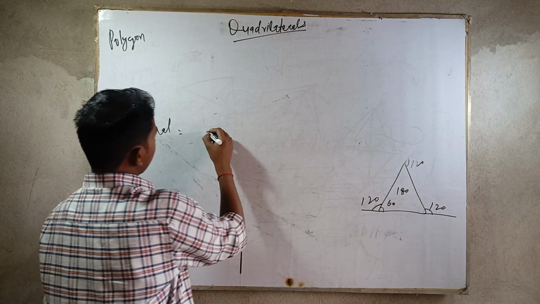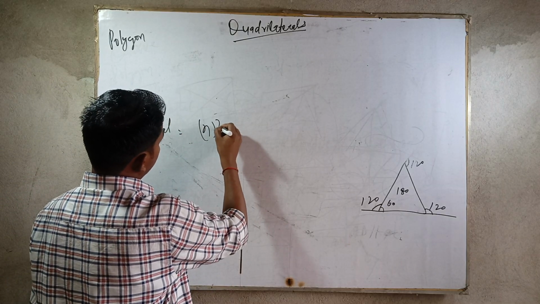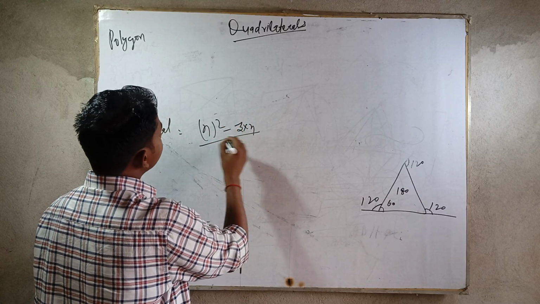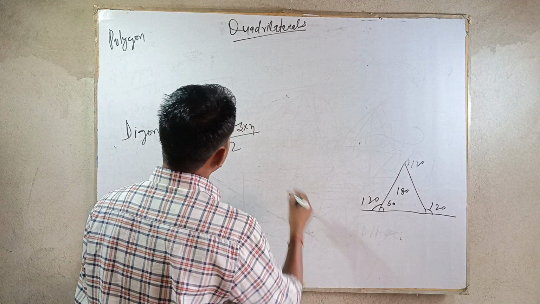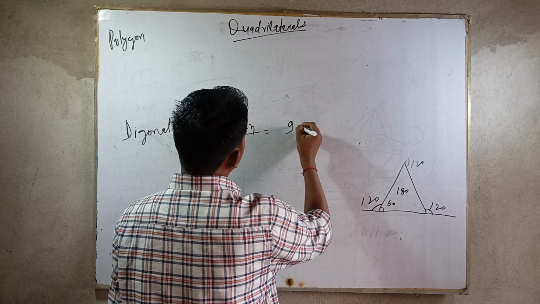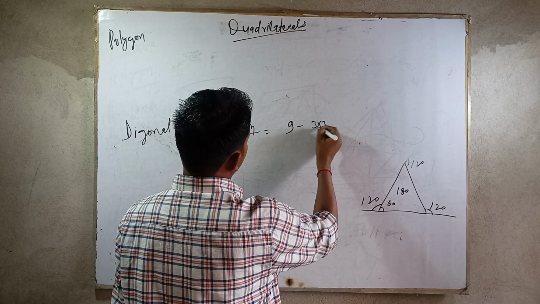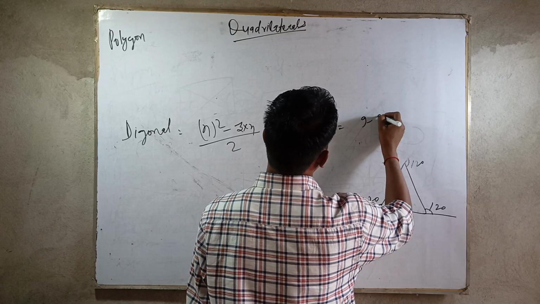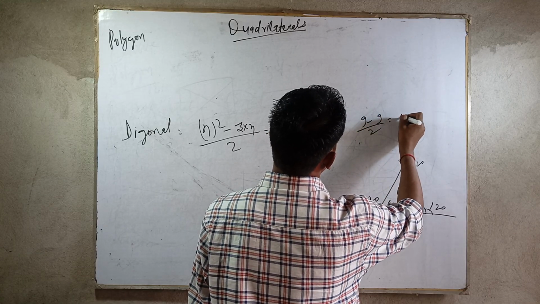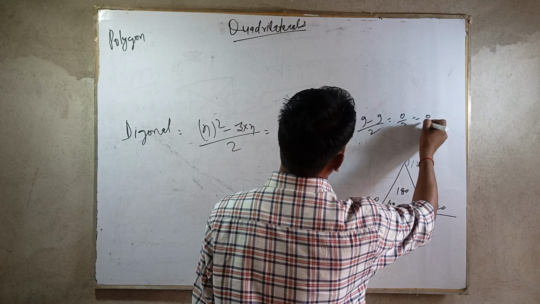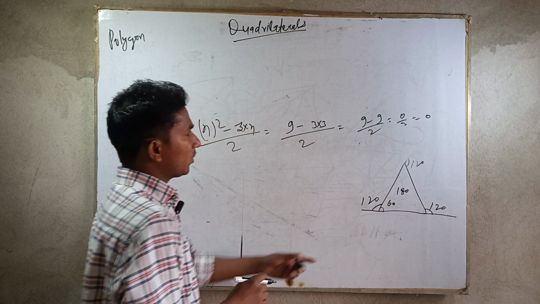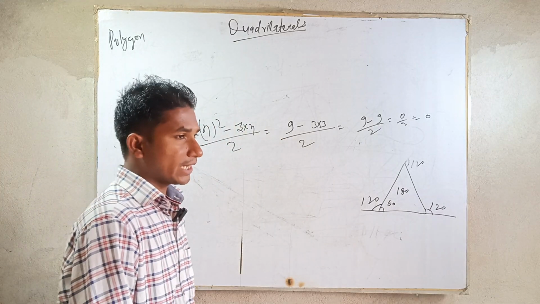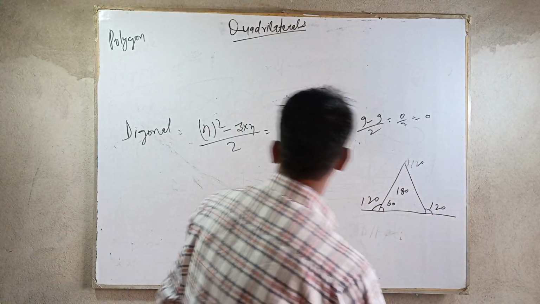I know the formula is n squared minus 3 cross n, divided by 2. N is the number of sides, it has 3 sides, so n squared is 9, and 3 cross 3 equals 9, so 9 minus 9 equals 0, and 0 by 2 is 0. That means a polygon with 3 sides has no diagonal.